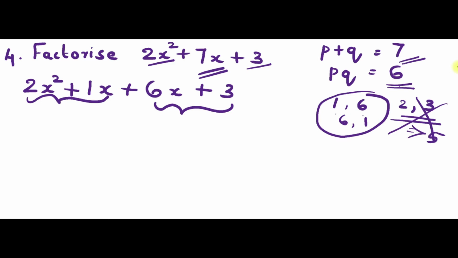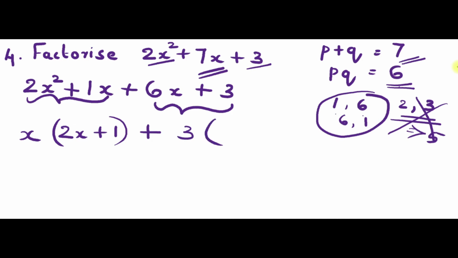Then, first grouping 2x square plus 1x. Here, you can take your common term outside. Here, 2x square plus 1x, your common term is x. I am taking that x outside, then remaining terms, that is 2x and 1, will remain here. Then this positive sign as such I am putting. Here also I am taking the common term outside. Here 6x plus 3, common factor is 3. So, I am taking that 3 outside.